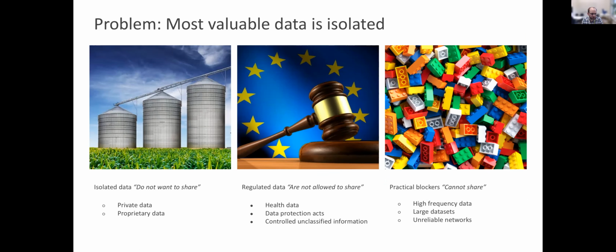It could be private or proprietary data. It could be regulated, so that we are not allowed to share data, and this is often the case in medical science. But there could also be practical blockers, where you cannot share because, for example, the data sets are large and it's practically difficult to move data around.